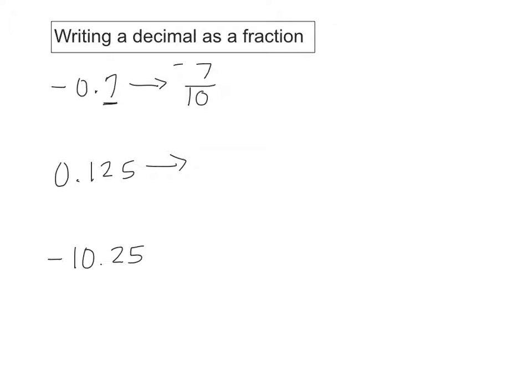In our next example, this is 125 thousandths, so we are going to have 1,000 in the denominator. And then we can simplify this fraction, and 125 can be divided by 25. It will go in there 5 times, and 1,000 can be divided by 25.